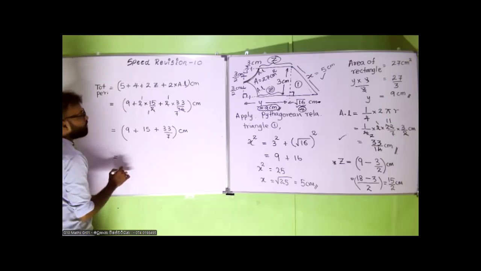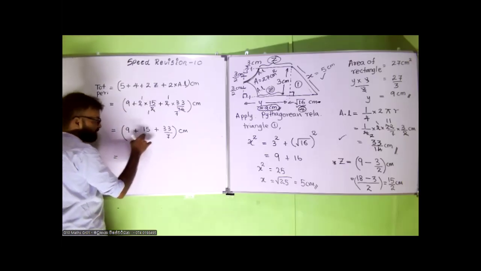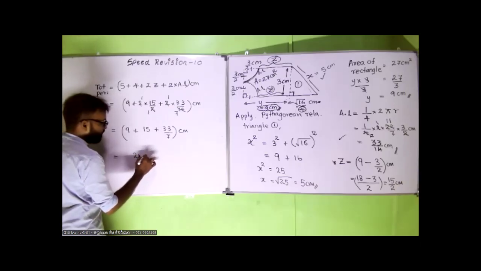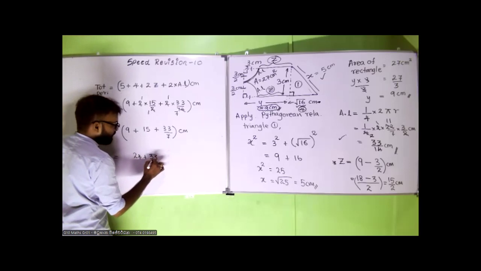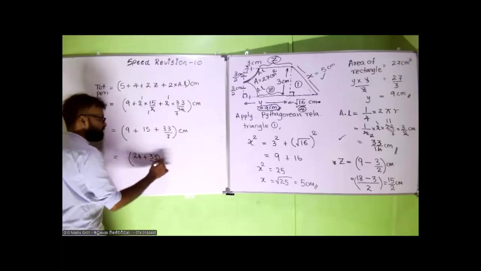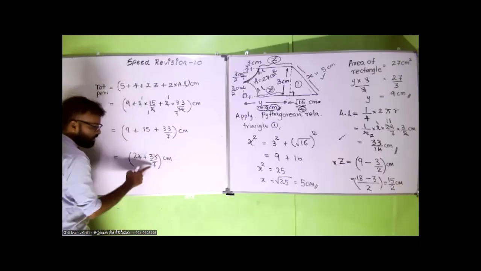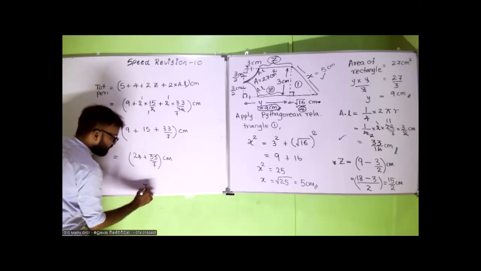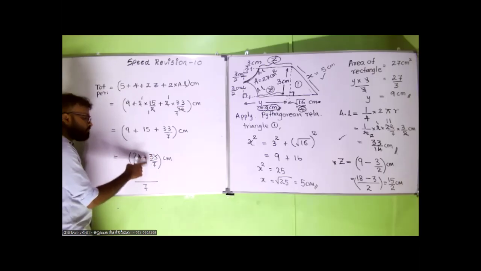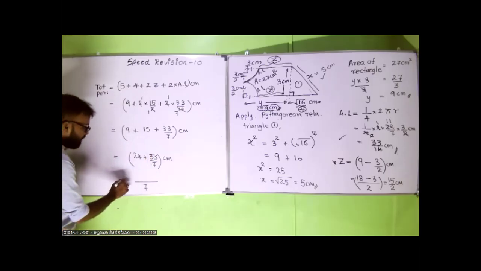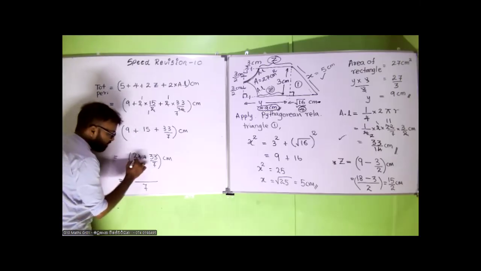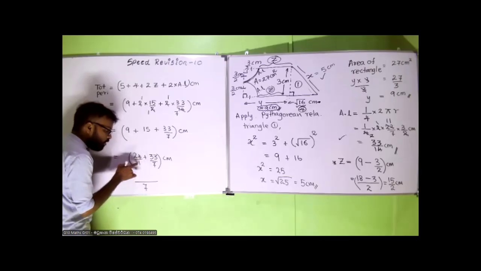So 9 plus 15 will give you 24, plus 33/7. These are a whole number plus a fraction. You know how to simplify it easily. The denominator is 7, so take 7 as the common denominator for this whole number and this fraction.